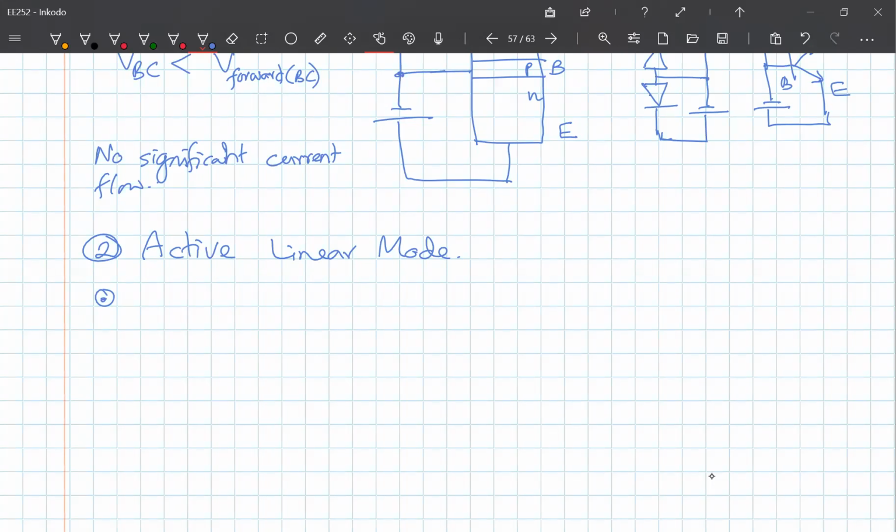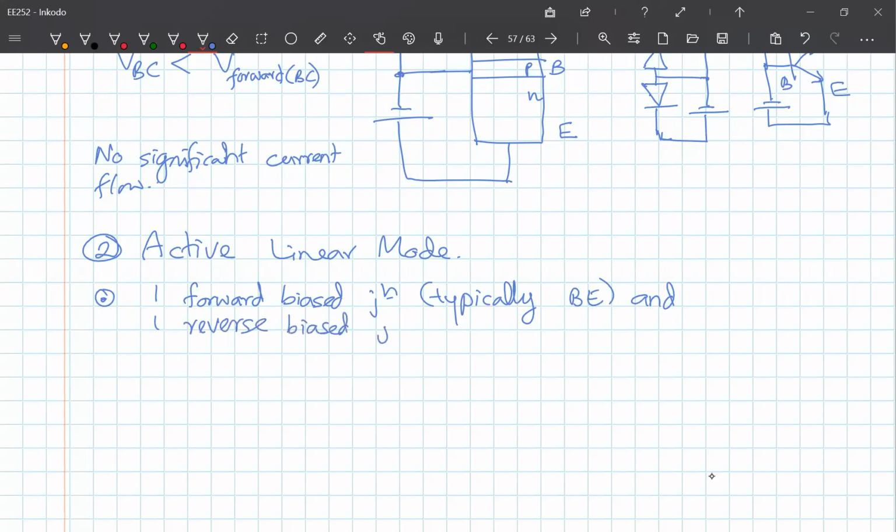Okay? So when one forward bias junction, typically the base emitter junction, and one reverse bias junction, typically the base collector junction. Okay?